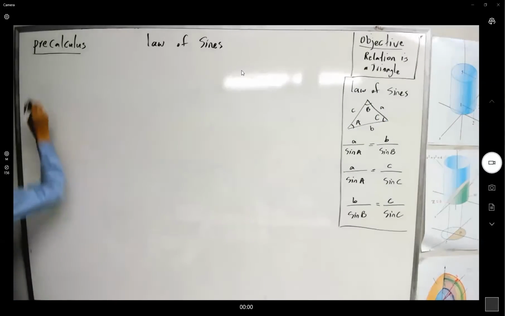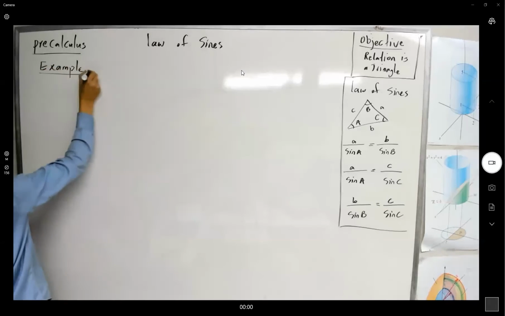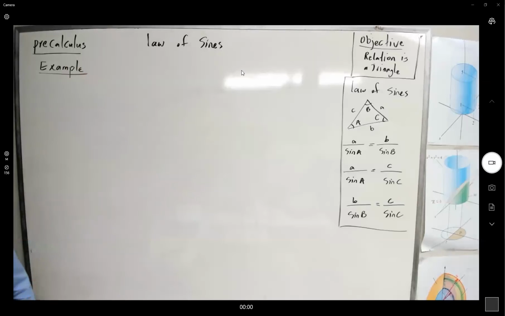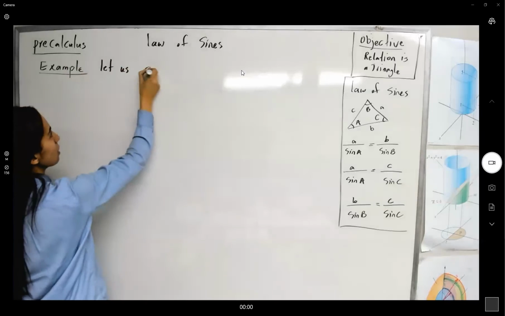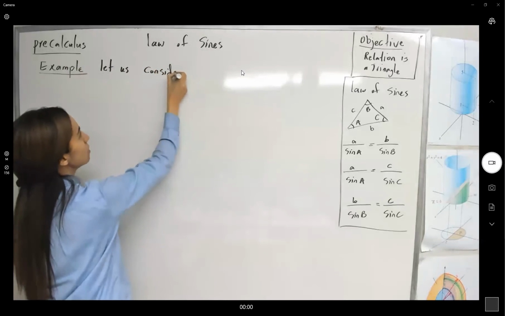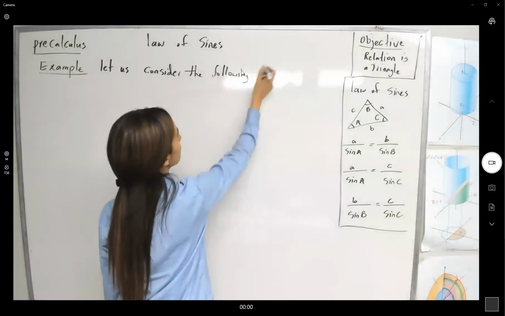So example 1. In this example, what do we have? It says you have the following triangle. Let us consider the following triangle.